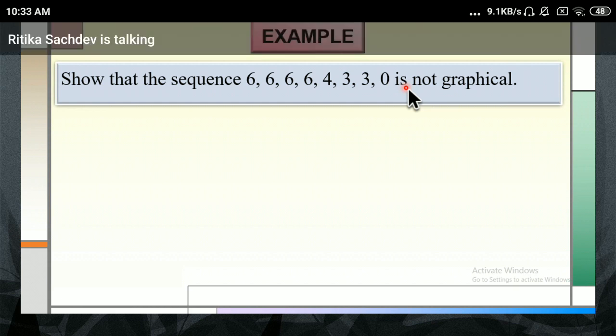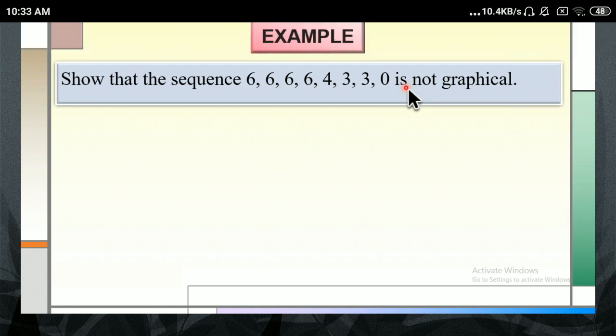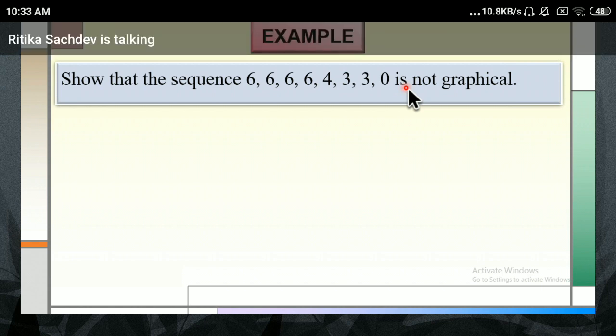Now understand this algorithm clearly. I will be explaining this algorithm in detail. But later on, I'll be just using the algorithmic steps to solve the remaining problems. So it says show that this sequence is not graphical. I want you to tell me how many vertices this graph will have if it exists.